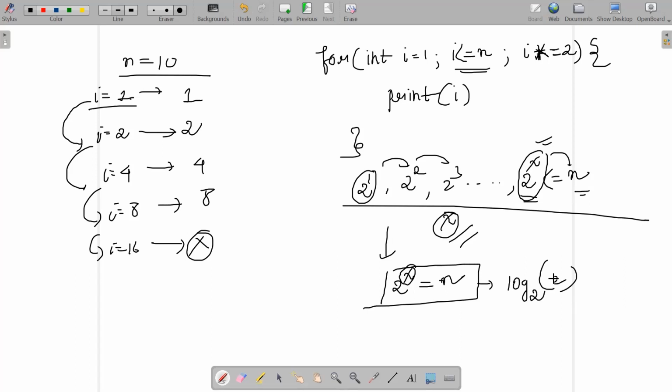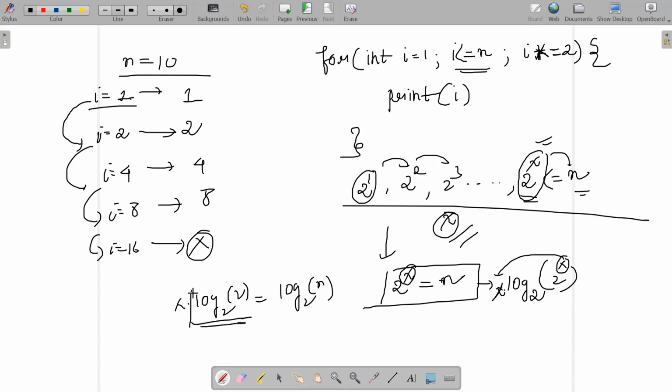Since the x is in power terms, it comes as a multiplication form, as per the properties of logarithm. So if I take log 2 both sides, then how will my representation be? x into log 2 base 2 equals log base 2 of n, taking logarithm both sides.